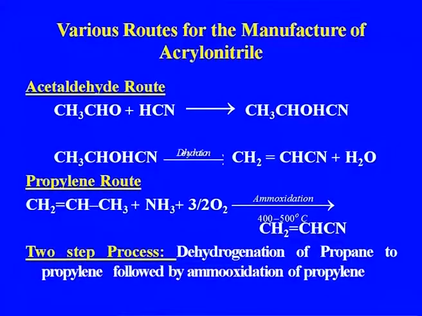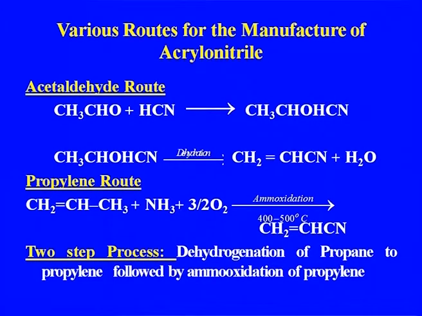Here NH3 and oxygen are present during the process itself, so this is the process we are using: ammoxidation of propylene to acrylonitrile.